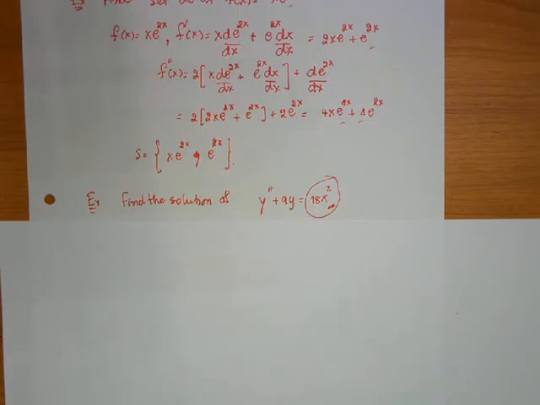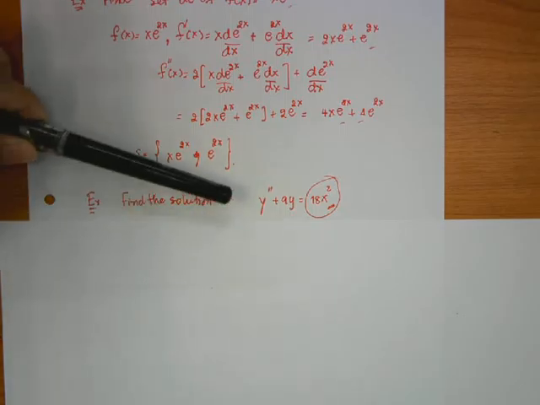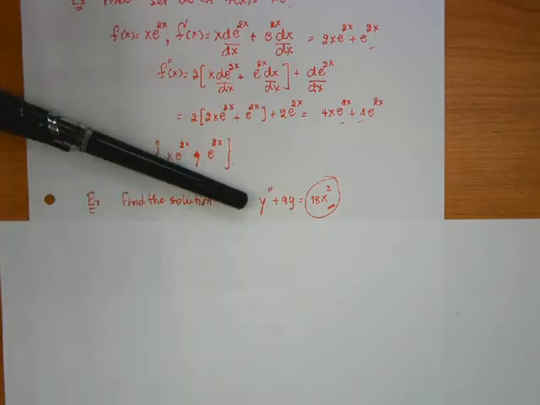The first one is saying to find the solution of this differential equation: the second derivative of y plus 9y is equal to 18x squared. Now this is a non-homogeneous differential equation, right?